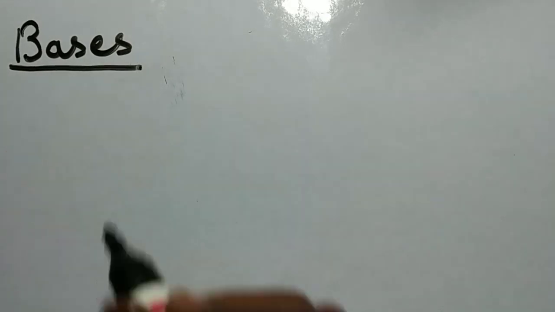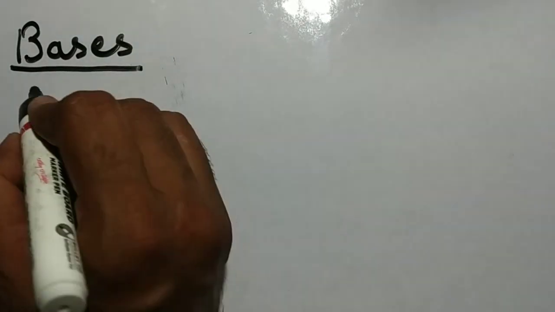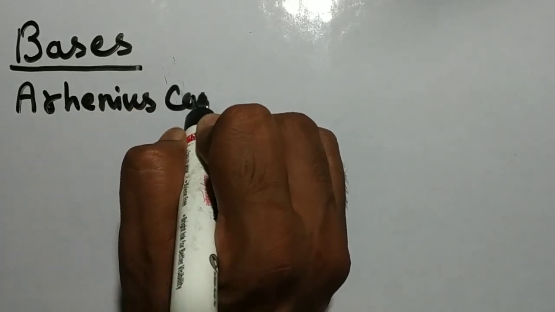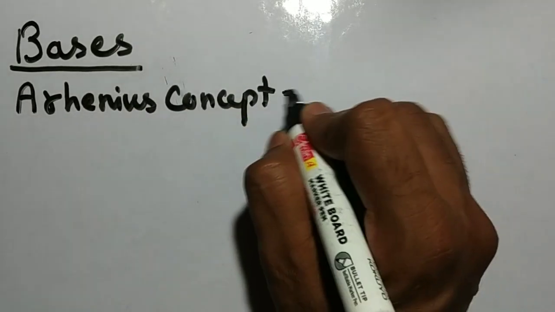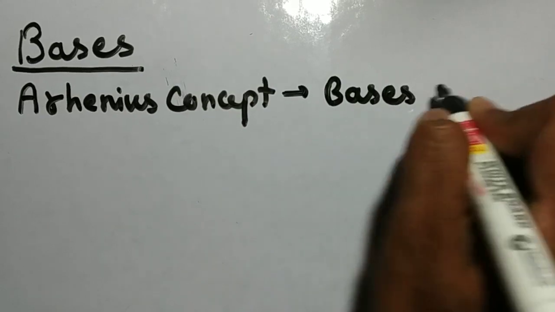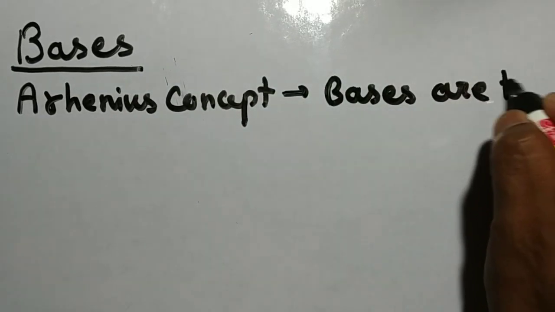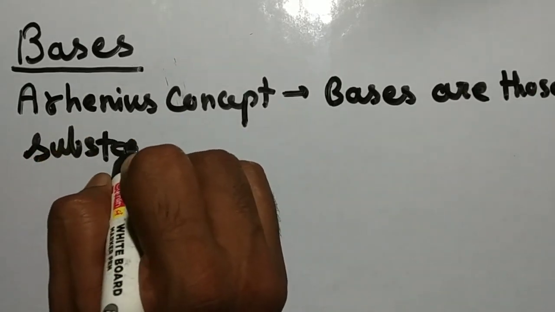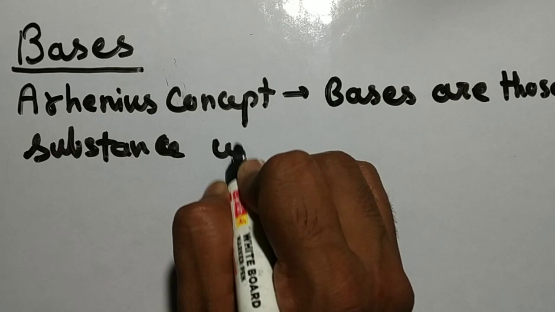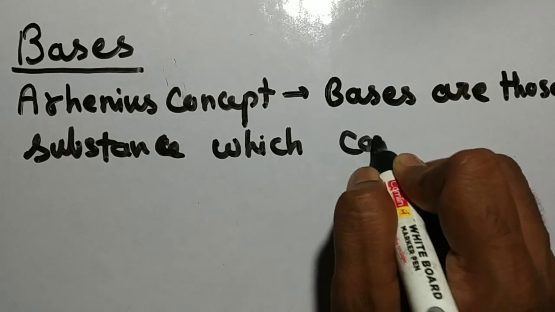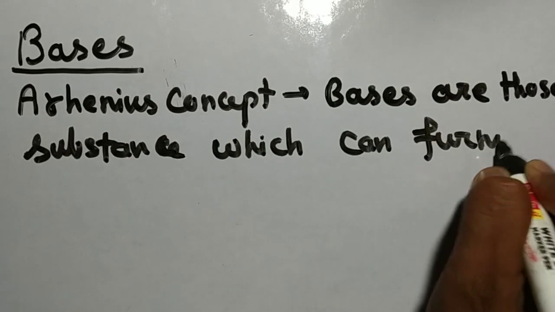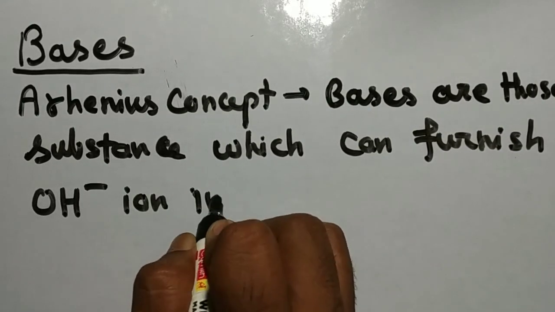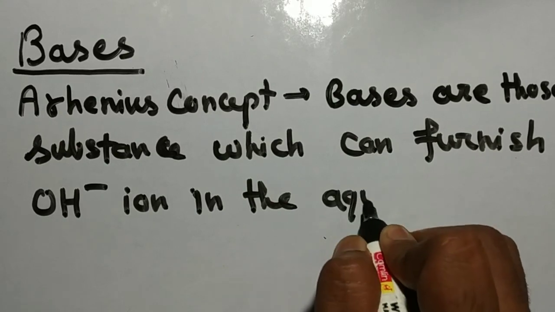Dear students, the bases according to the Arrhenius concept, because for class 10 the Arrhenius concept is most important. According to the Arrhenius concept, bases are those substances which can furnish OH minus ion in the aqueous solution.